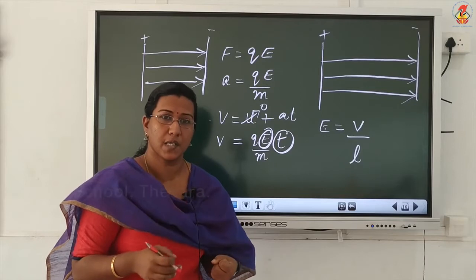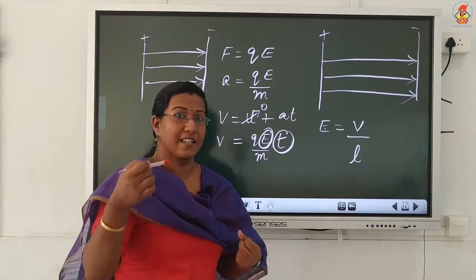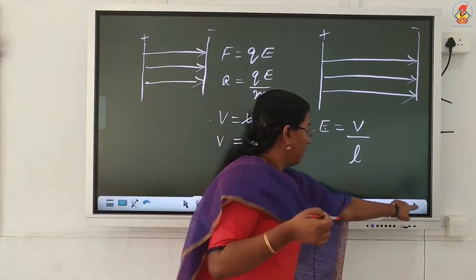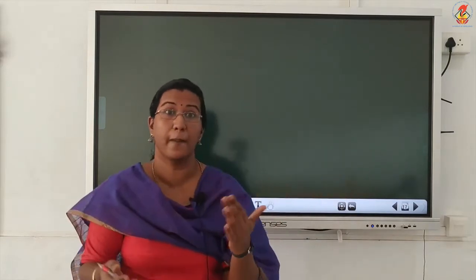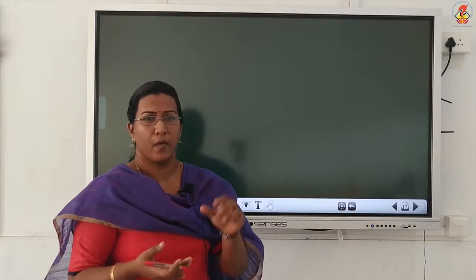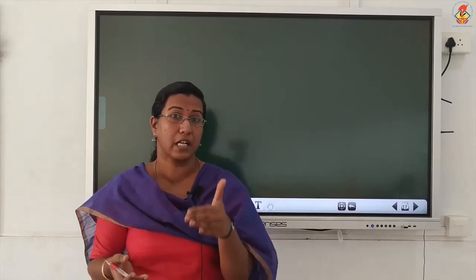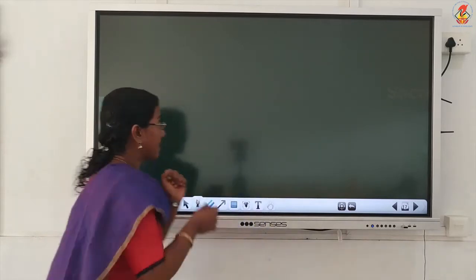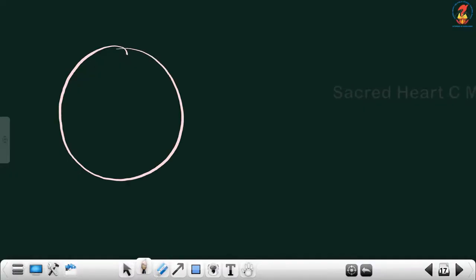So, why can't we use a magnetic field to increase the energy of the particle? I told you we are using the combined field, that is electric field and magnetic field are perpendicular to each other. When a particle enters perpendicular to the magnetic field, what happens? It executes a circular path and the direction of magnetic force will be towards the center of the circle.